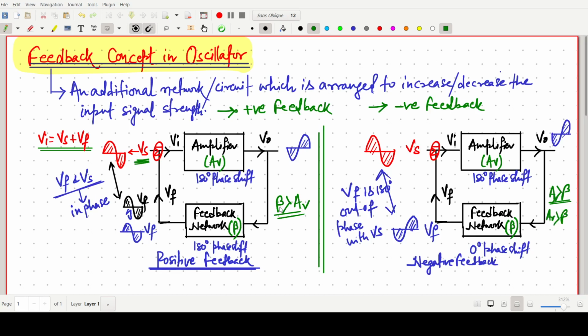In this feedback amplifier, in the positive feedback case, beta will be greater than Av. Okay, so this one is the positive and negative feedback.